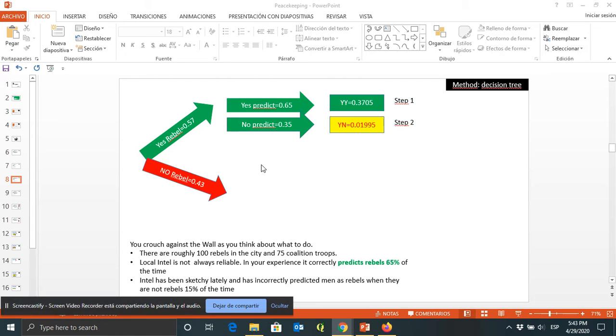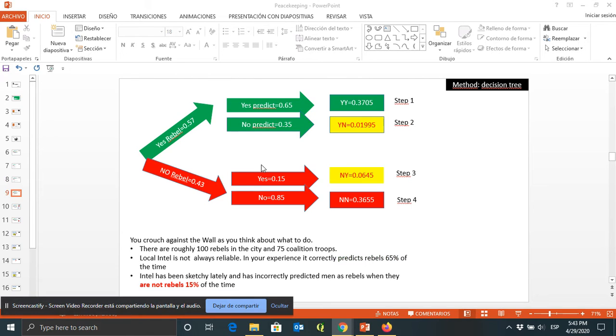We continue with the bottom arrow, and we take the information of the third sentence that says Intel has been sketchy lately and has incorrectly predicted men as rebels when they're not rebels 15% of the time. So this is 0.15.